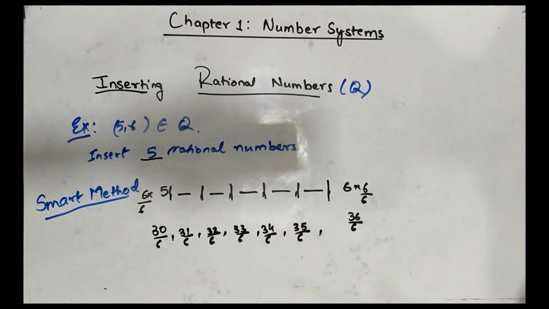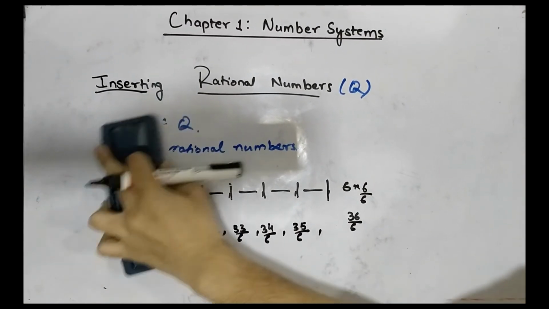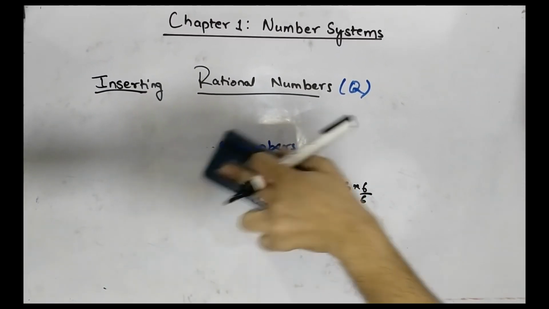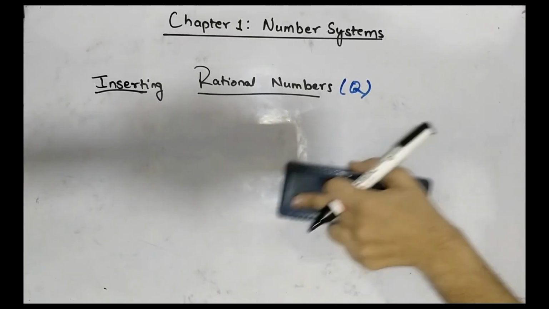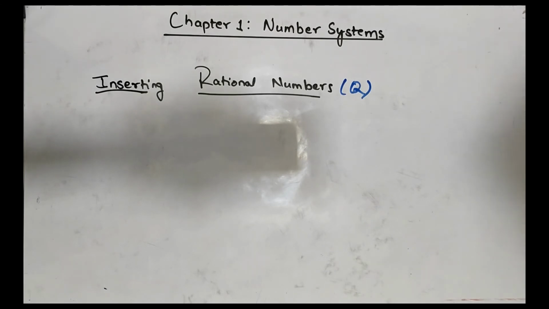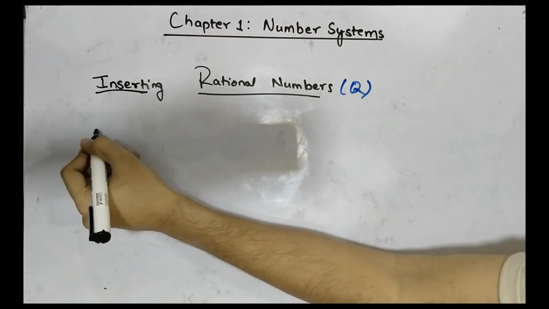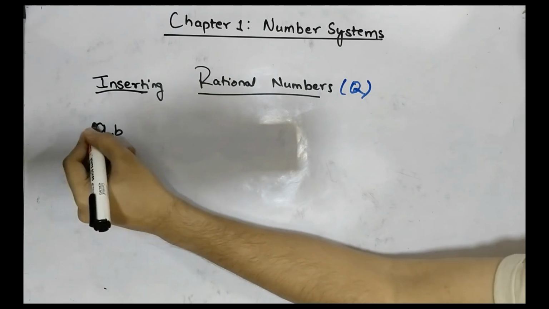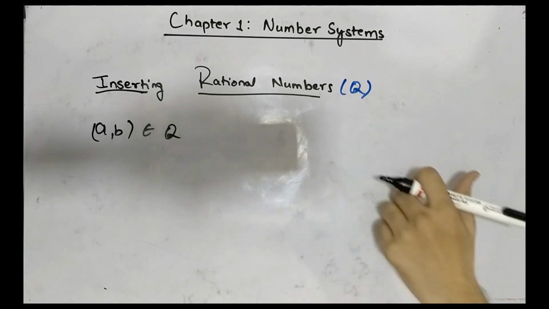Now let's try and define it for the general case. As of now, I was doing this, but you have to define it so that you can do it for any n number of insertions that are required. Okay. So let's see if we can do it now with this. Let's say you're given 2 numbers A, B. They belong to Q. What will you do?